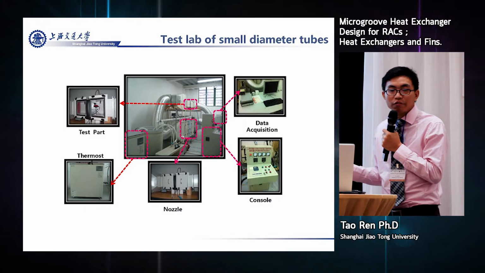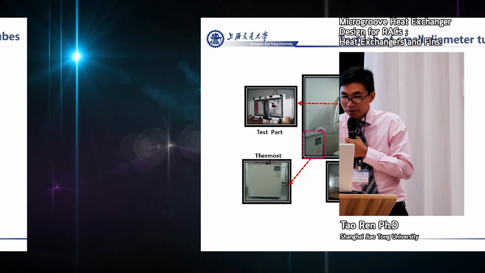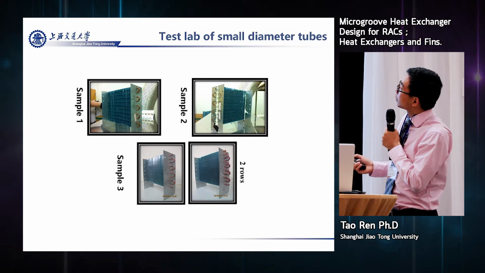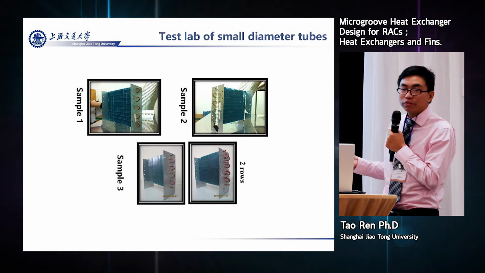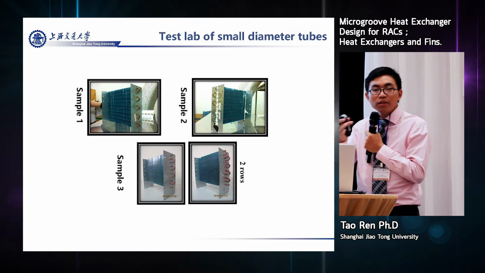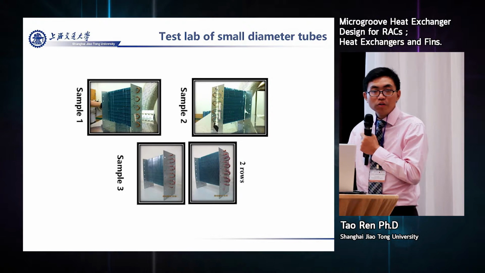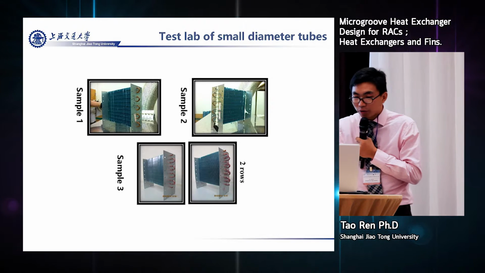We test a lot of 5 millimeter samples, and we get a correlation. These are our samples. Actually, we get a lot of samples from different companies in China, Gree, Midea, Hisense, Kelon, Tigo, and so on.